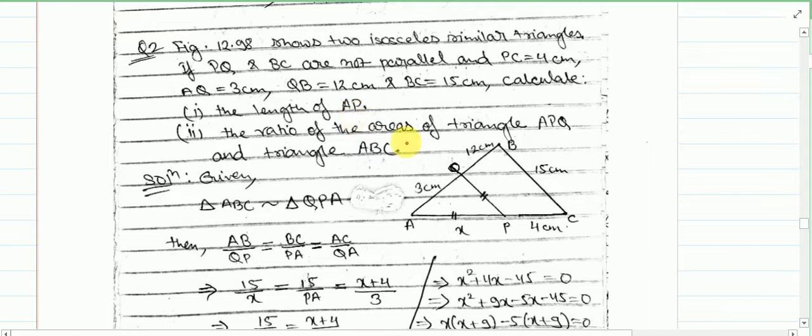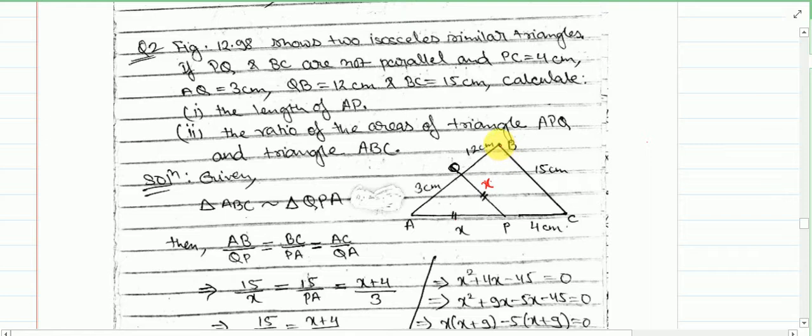So they are saying that in this figure you can see two isosceles similar triangles. So here they have already mentioned that AP is equal to this QP. Okay, this is QP. So here they are saying AP is X, so obviously this will be X because they have given two lines over here, that means these sides are equal.